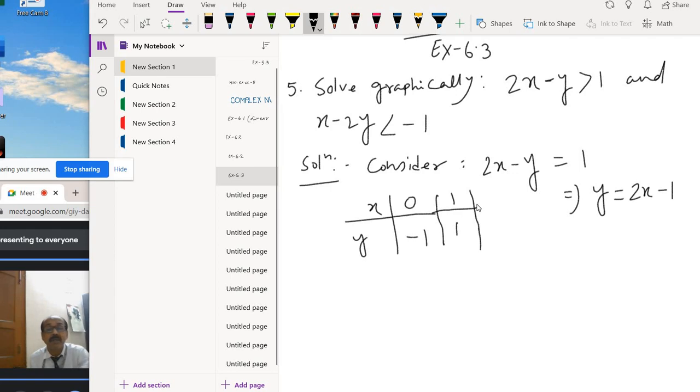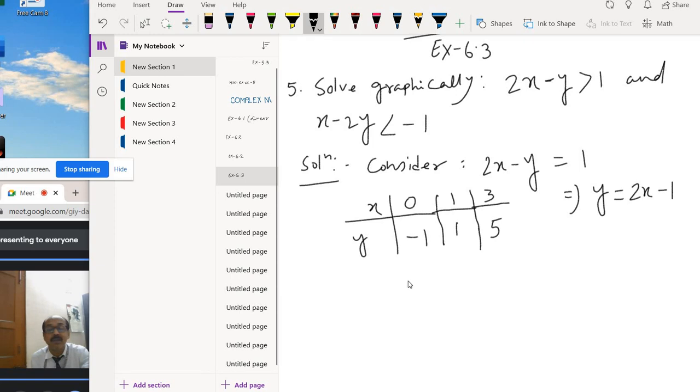Now take another point. Take 3 points. x equal to 3 you can take. Then 3 into 2, 6. 6 minus 1, 5. y equal to 5.